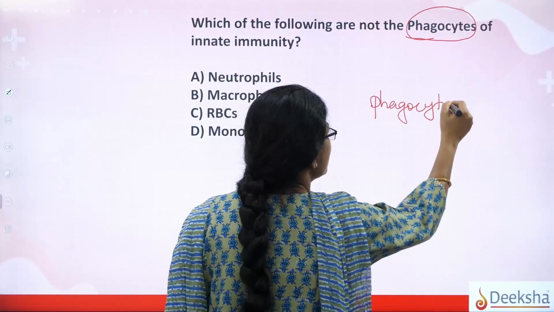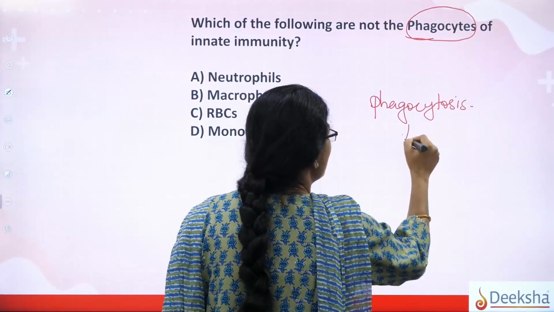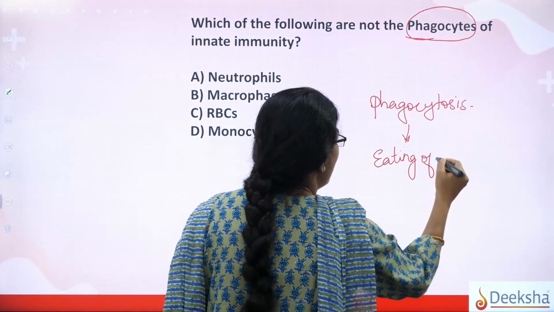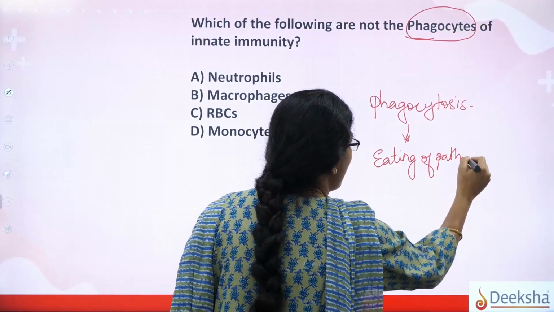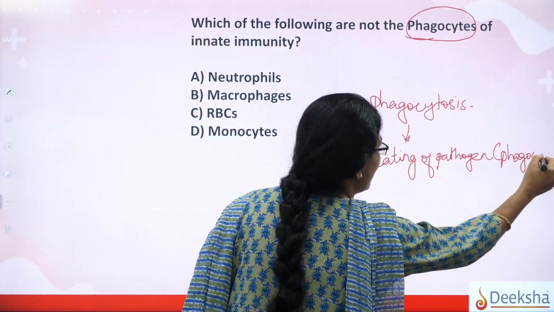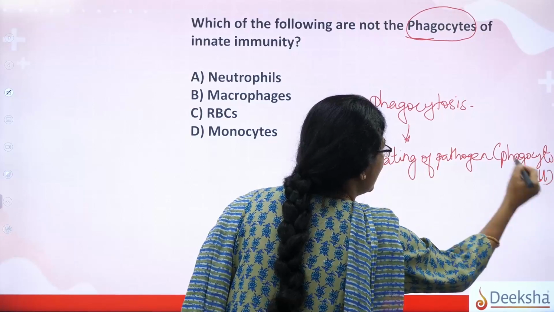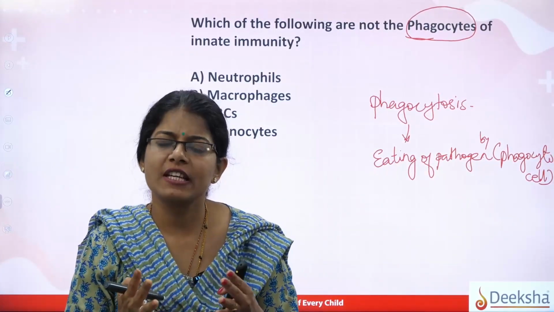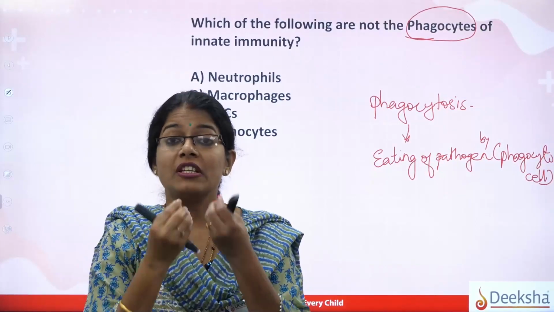What was this phagocytosis? Phagocytosis is eating up of the organism, eating of pathogen by a cell called a phagocyte, correct?